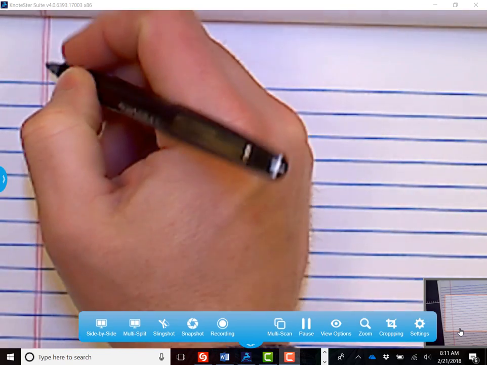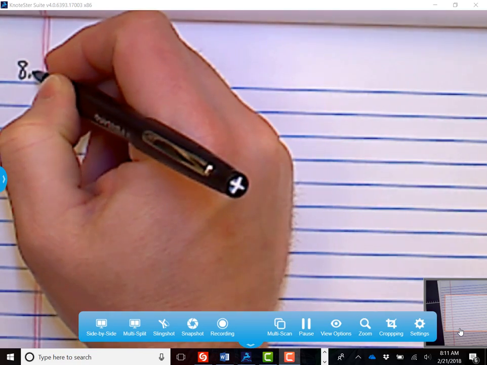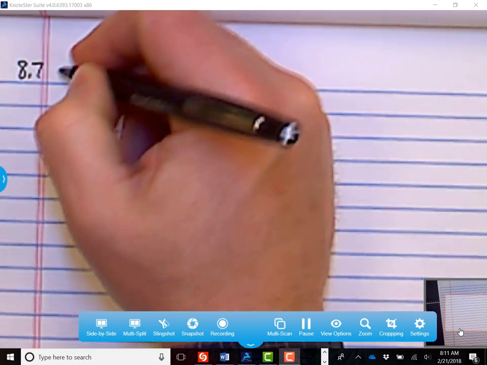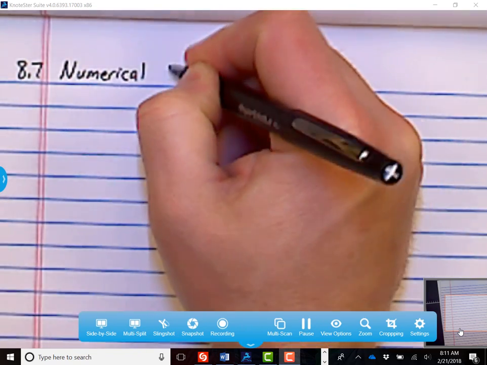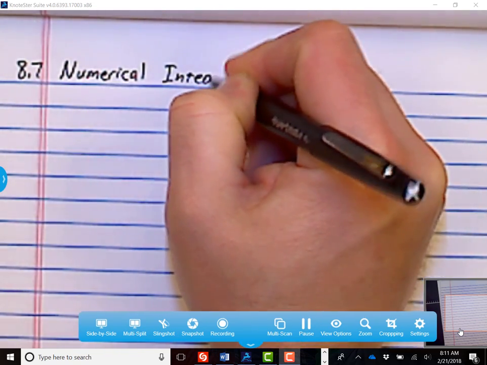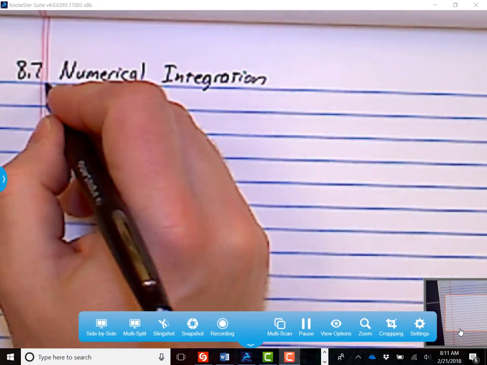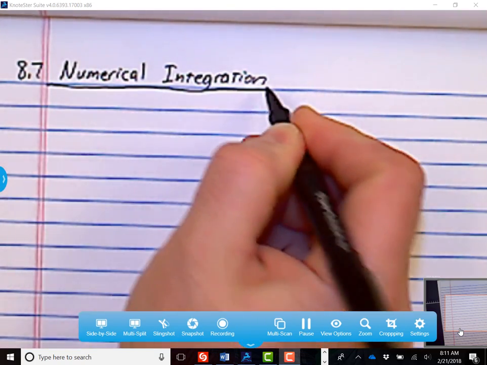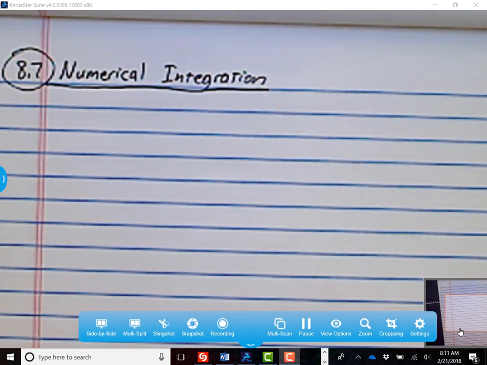Some notes for you on section 8.7 on numerical integration. You guys have for years used these graphing calculators.